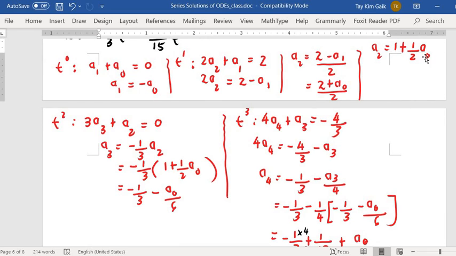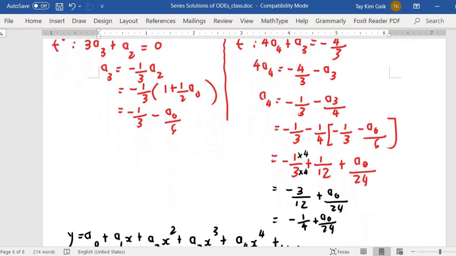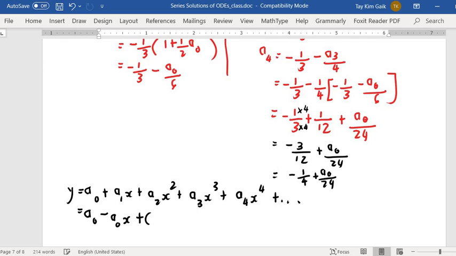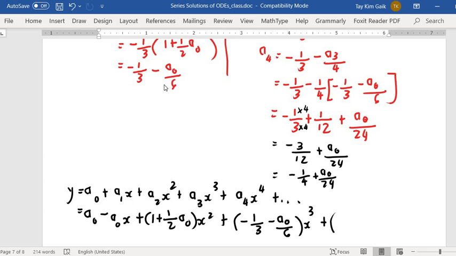A2 here, 1 plus half A0 x squared. Find back your A3. A3 is negative 1/3 minus A0 over 6 x cubed. A4 is here, negative 1/4 plus A0 over 24 x power 4.